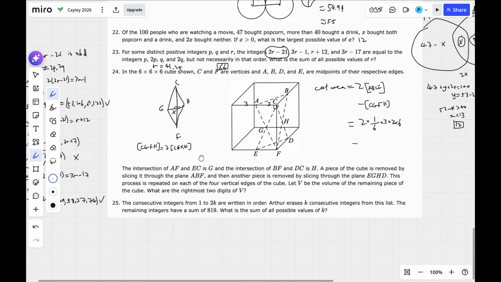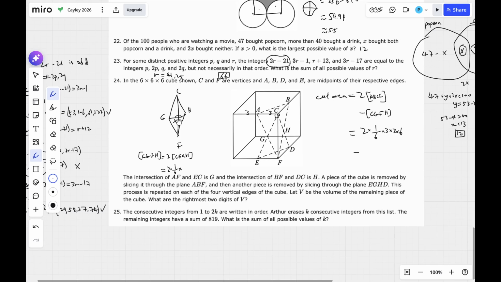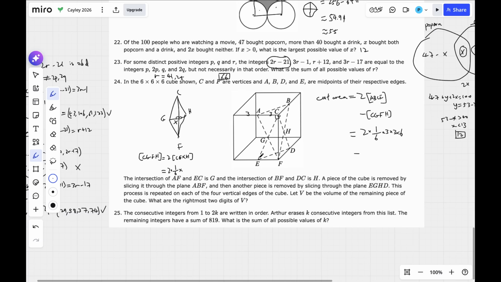Let's call this X. Now this entire volume CGFH is equal to 2 times the volume of CGXH. And we can use the same formula for this, which is 1/6 of the product of the lengths from X, since these are also right angles.